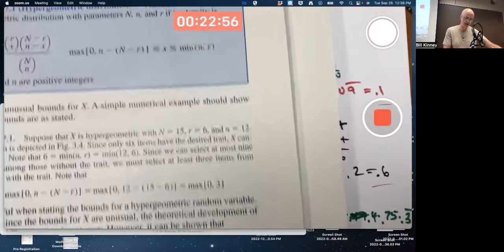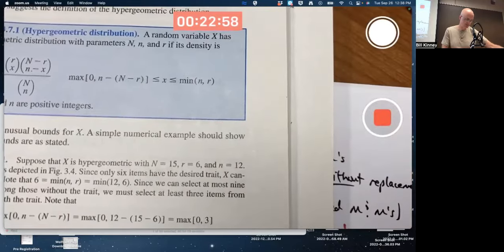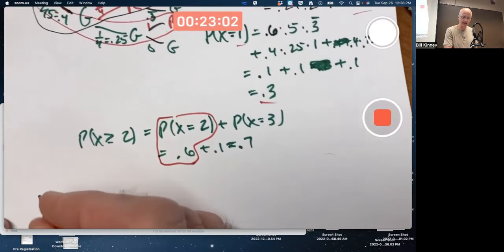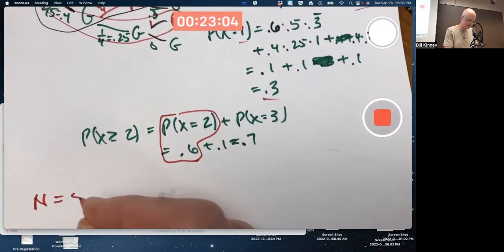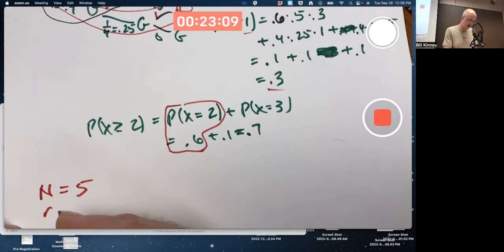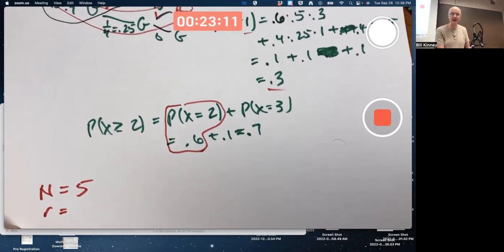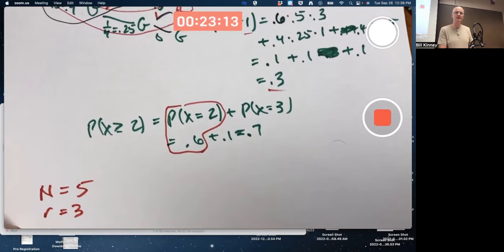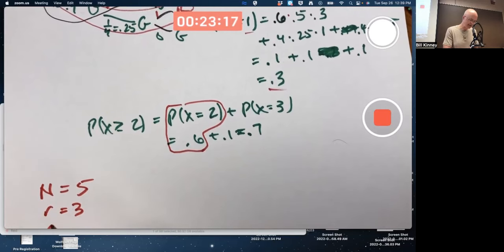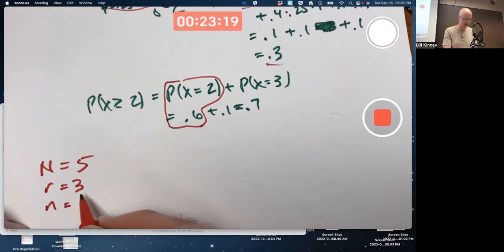So again, in our situation, capital N is 5. There's 5 total M&Ms. Little r, success, is red M&Ms. There were 3 of those. I'm selecting a sample of size 3 here.